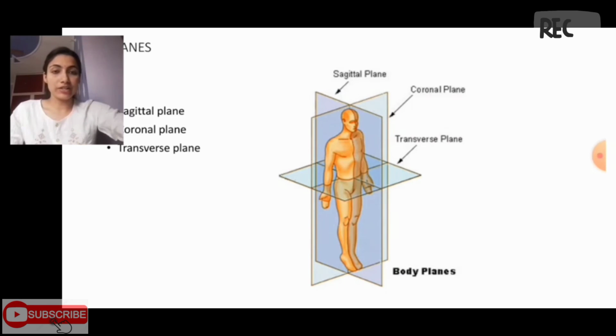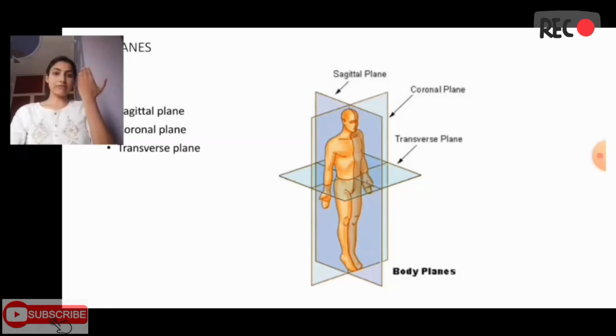Before that, one must know about the median plane. The median plane is the plane in which the body is divided into two halves, the right half and the left half.